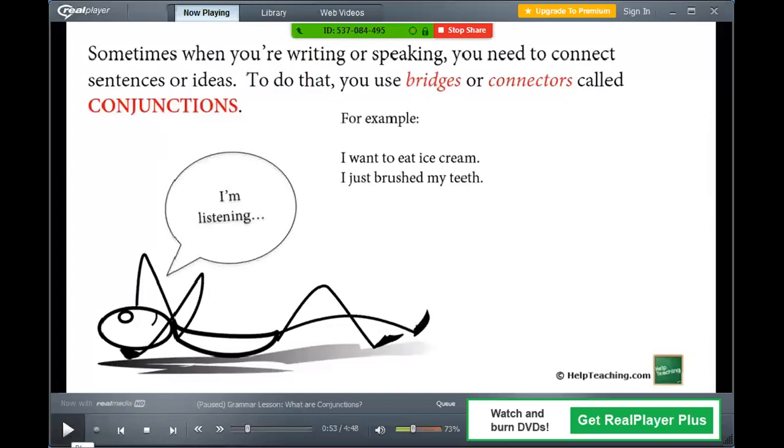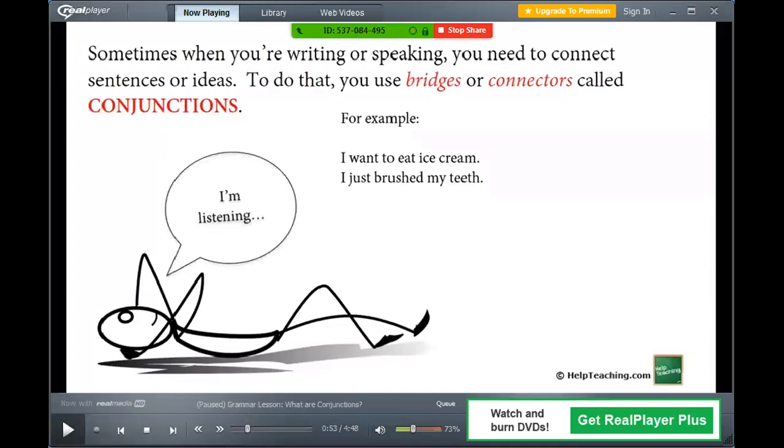Right. From the video, we can see that they're telling us that sometimes when you're writing or speaking, you need to connect sentences or ideas. You have to connect sentences or ideas when you are writing or when you are speaking.